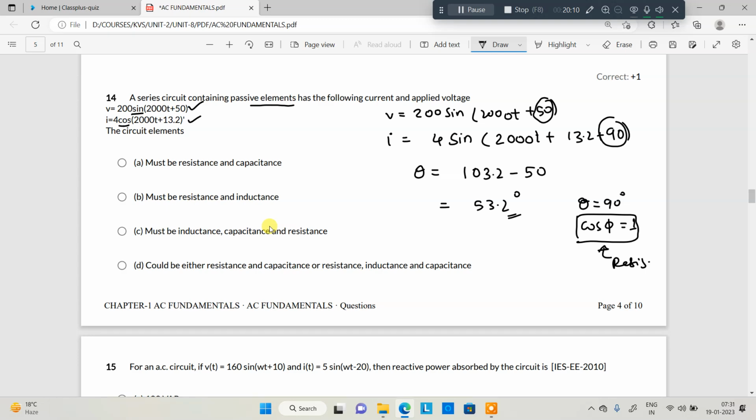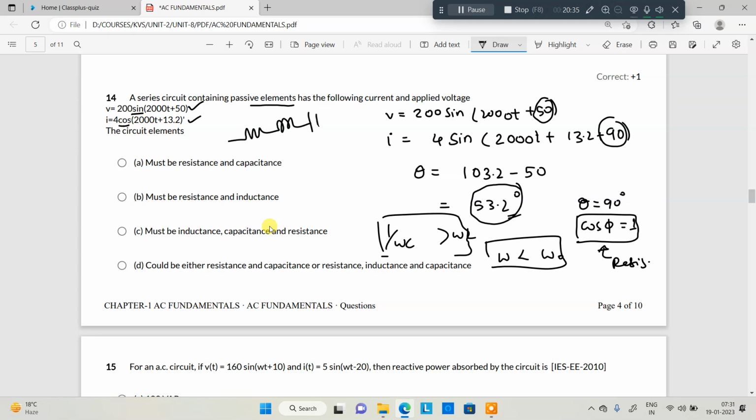Now my question here: it is not exactly 90 degrees, it is 53.2 degrees. That means the frequency levels of 1 by omega C are less than omega L, as well as omega is less than the resonance frequency. When both conditions are satisfied, then for these conditions with less than 53.2 degrees, the circuit is a resistor, inductor and capacitor.